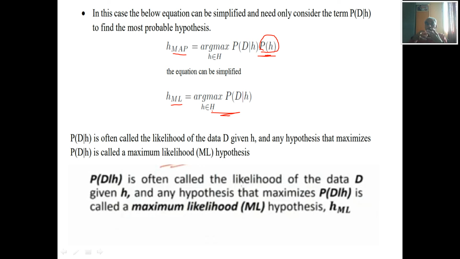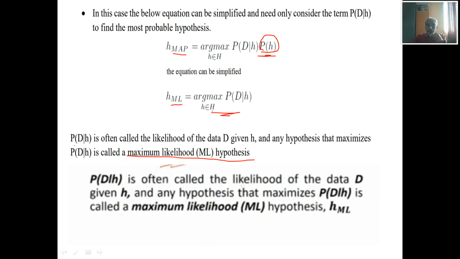When you assume equal probability, that becomes a constant, and we can ignore that term. Then we can call HMAP, the maximum a posteriori hypothesis, HML. So that is the maximum likelihood hypothesis.